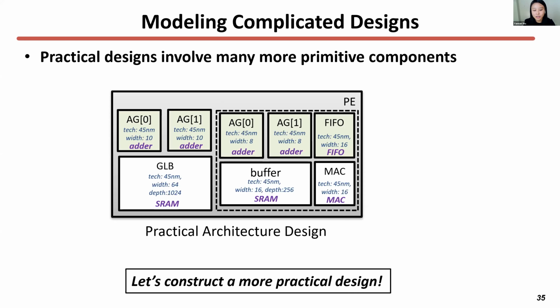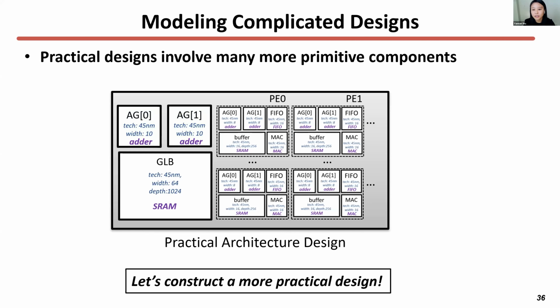This is a slightly more practical architecture design, but as we have seen in the last section, we have the spatial property of the architectures, where we probably will have many more PEs to perform parallel computations, which allow higher throughput in our accelerator. And in this case, we're having a very common architecture design for a deep neural network accelerator.